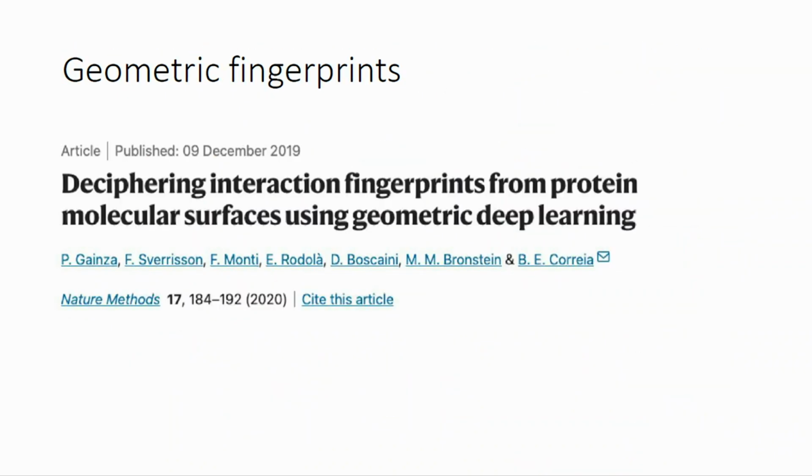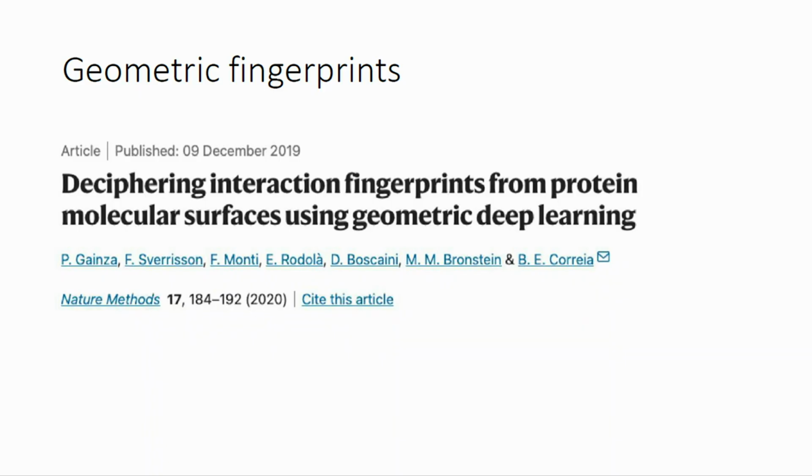And more recently, well, actually not that recent, but this is a very important work that came out where geometric deep learning first showed its strength in protein binding, in protein interaction studies.